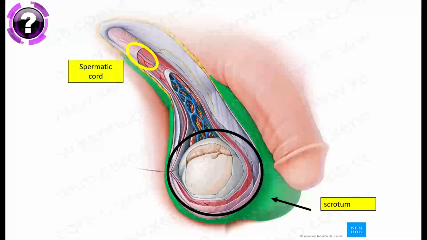This spermatic cord contains arteries, veins, nerves, lymphatics, and the vas deferens, the passage of the sperms from the testis to the inside of the pelvis. This spermatic cord passes through the layers of the anterior abdominal wall, and then it gets into the pelvis.